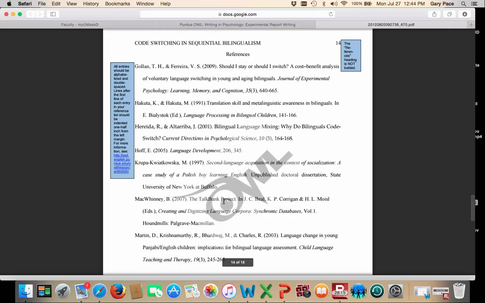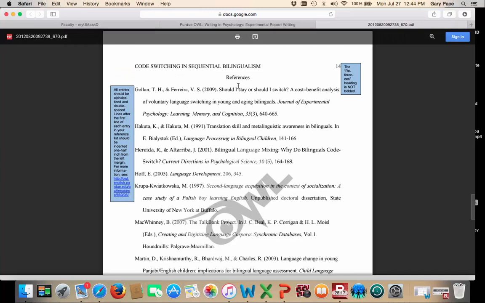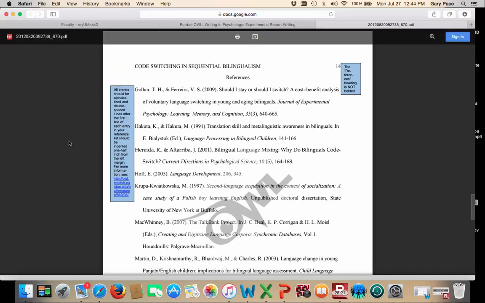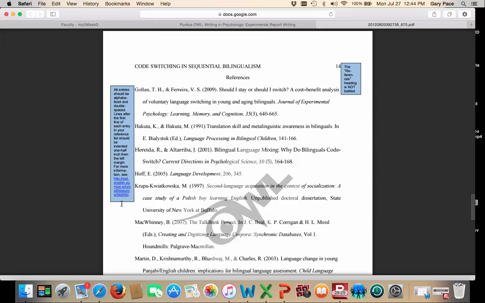All right, that brings us to the references. So, without getting into all the details, the Purdue OWL program gives you a reference you can look up on how to write references.